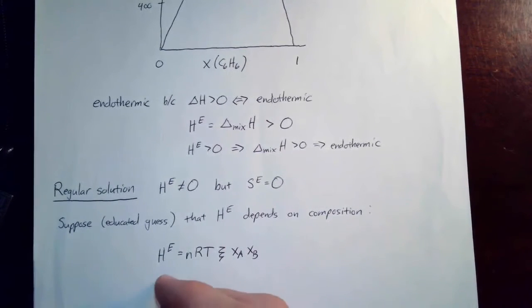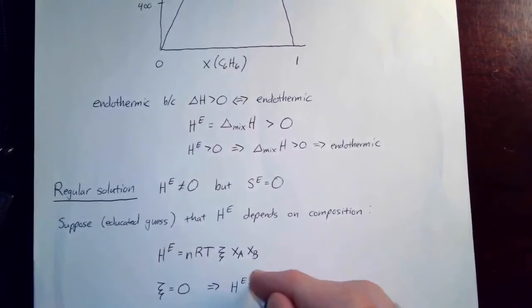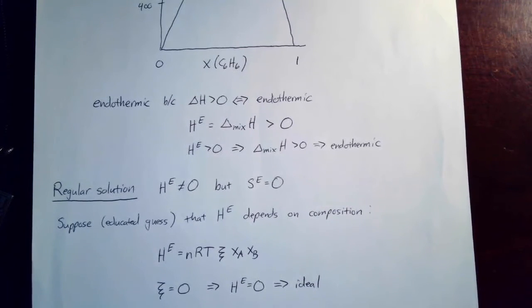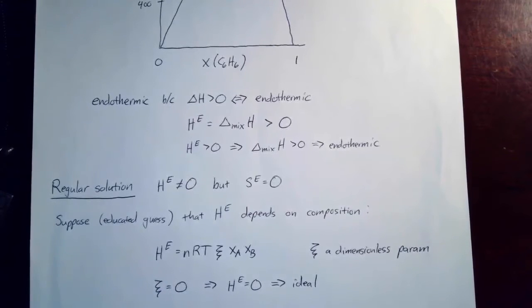The way we formulated it here, if this dimensionless parameter is 0, then H^E is 0, and we're at ideal behavior. We're going to be interested next primarily in cases where C is not 0. To say that one more way, C is a parameter, an input to our model, that quantifies how much we are departing from ideal behavior.